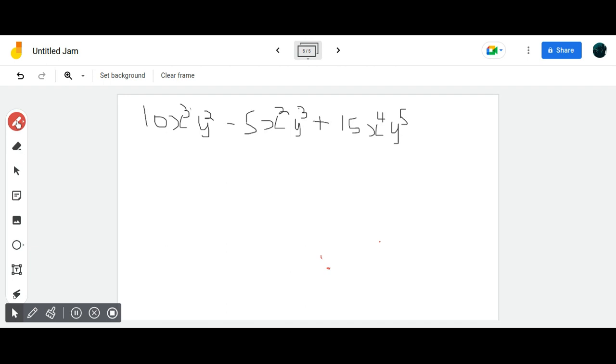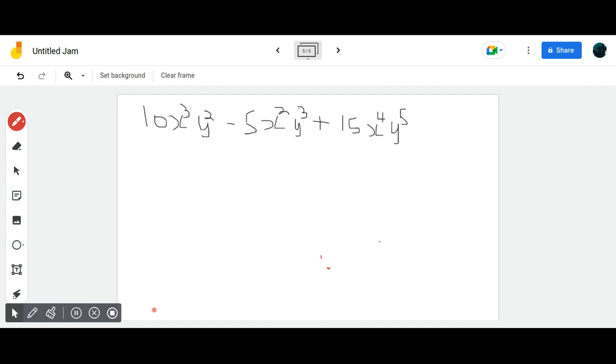We have 10x cubed y squared minus 5x squared y cubed plus 15x to the fourth y to the fifth. So we realize that x and y is common to all three terms, right?